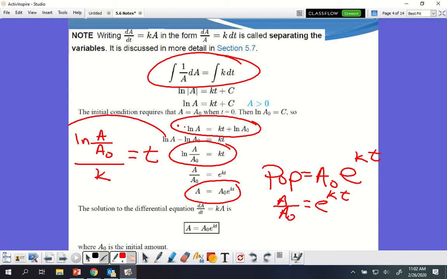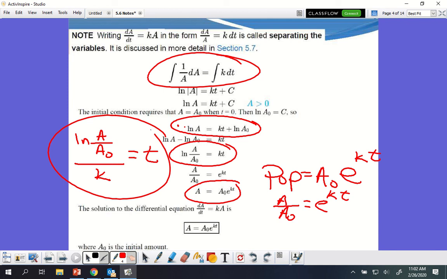So this is important. I did the algebra for you. If I wanted to solve for time, if I know my initial population and my end population, and I say, hey, when is the population of Phoenix going to finally reach 3 million? Then my end result, my A, would be 3 million.